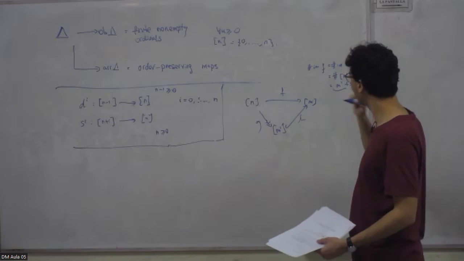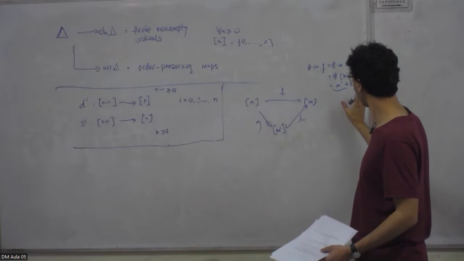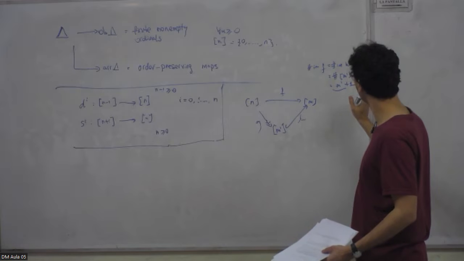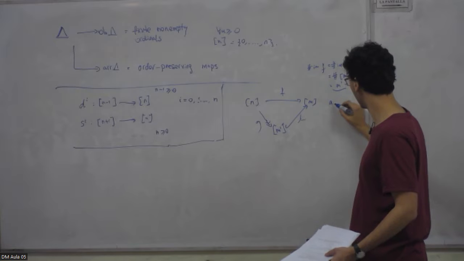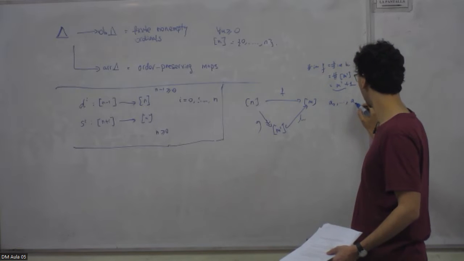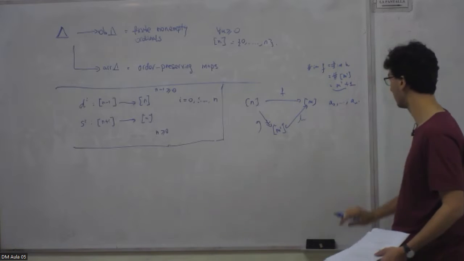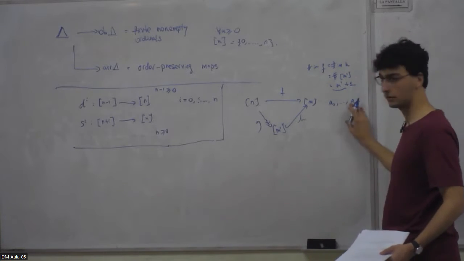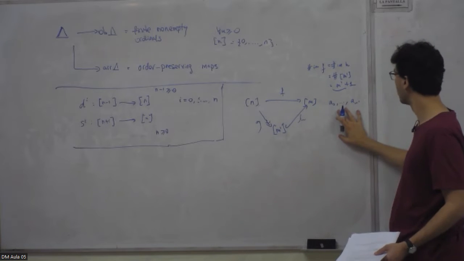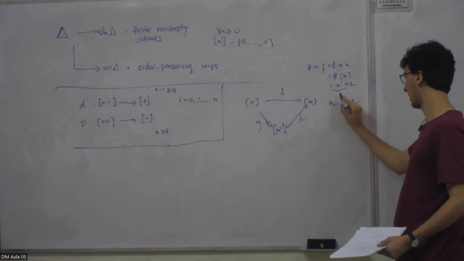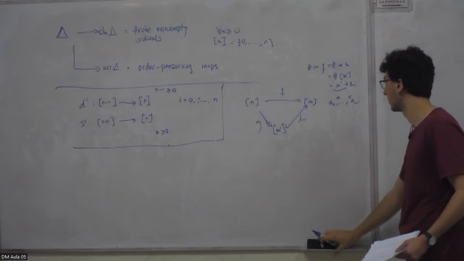And so the image will have m prime plus 1 elements, and let's call them a0 to a m prime. These are m prime plus 1 elements. So these are the elements in the image of f or of h, which is the same, and let's say they are ordered in the right order.